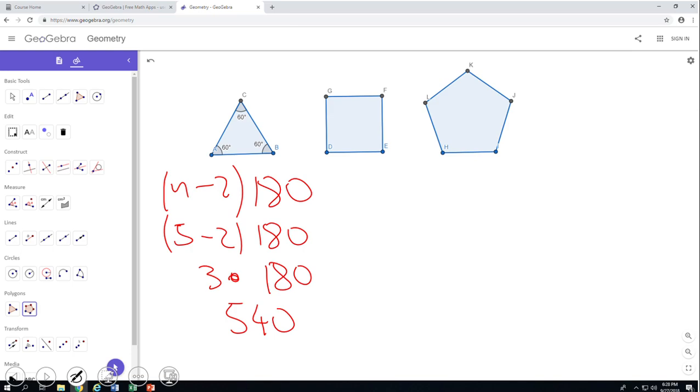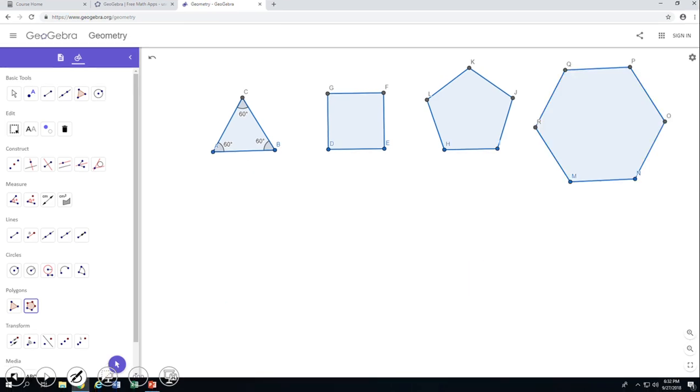And obviously, in order to find one angle, we have to divide 540 by 5, because we have 5 angles. So yes, the measure of an interior angle of a regular polygon of 5 sides, a pentagon, is 108 degrees.